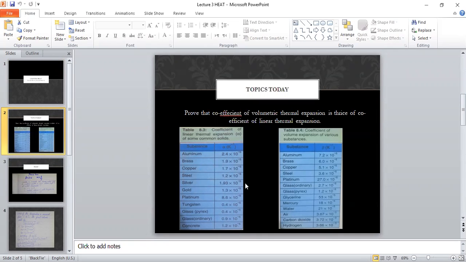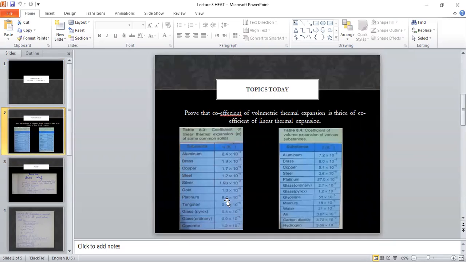As you can see from these two tables which I have pasted here, table 8.3 and table 8.4, not from your book, it's from somewhere else. These two tables clearly show that the same values of alpha for a particular temperature are thrice when we come to beta values.